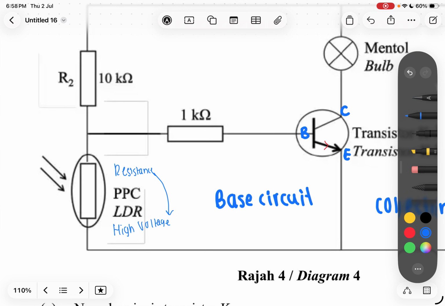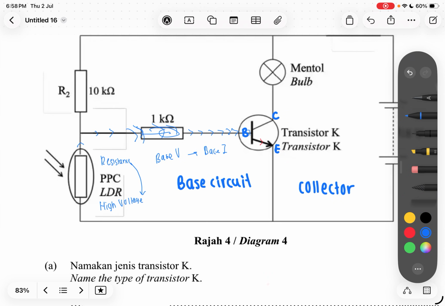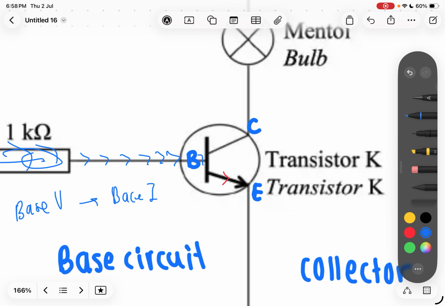So when the base voltage increases, then there will be base current flowing. The base current is still a small current because the resistance is here, so it becomes slower, but it's still flowing. So as soon as it enters the transistor, the transistor is able to be activated. The transistor will be on.